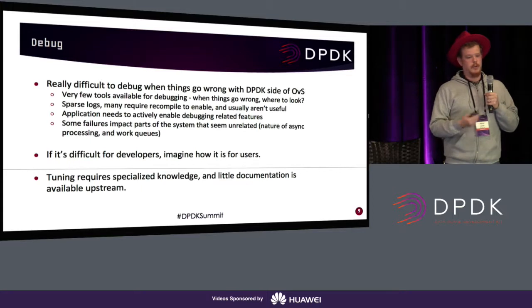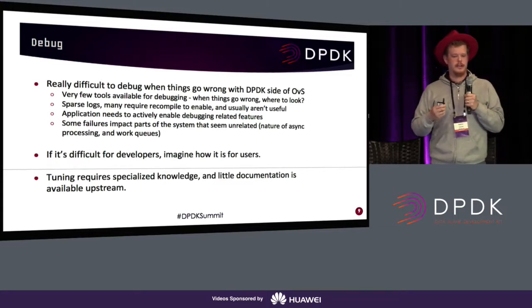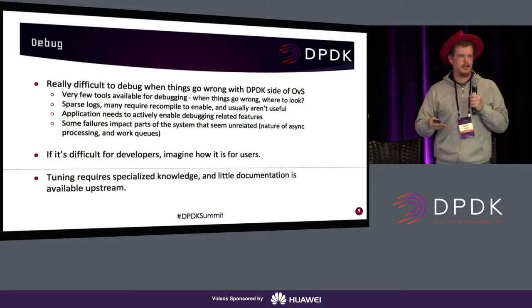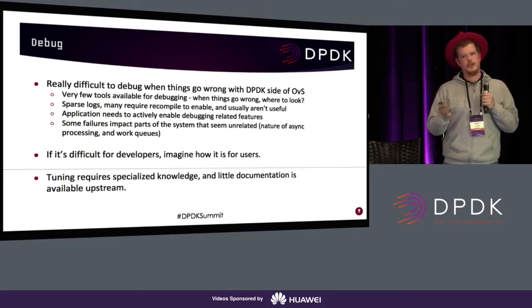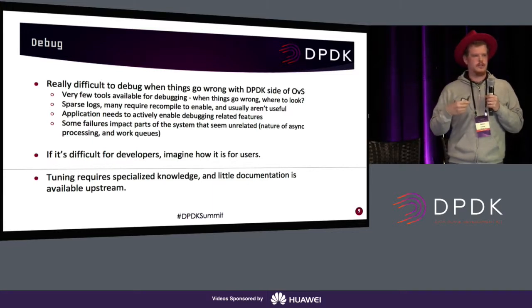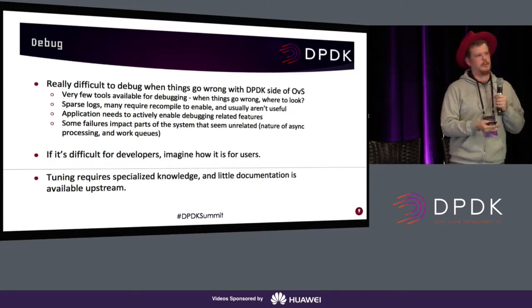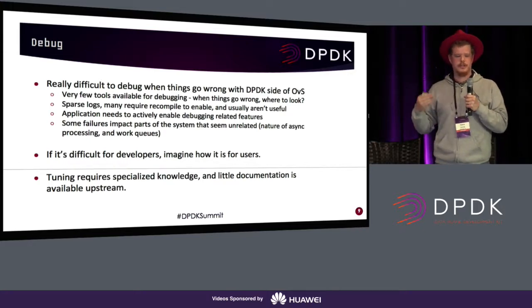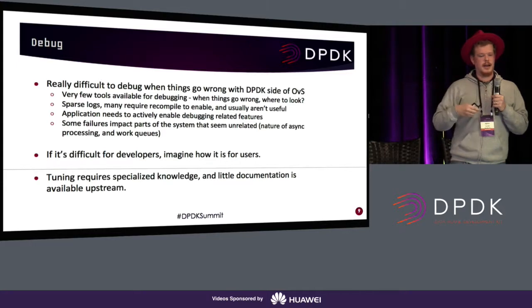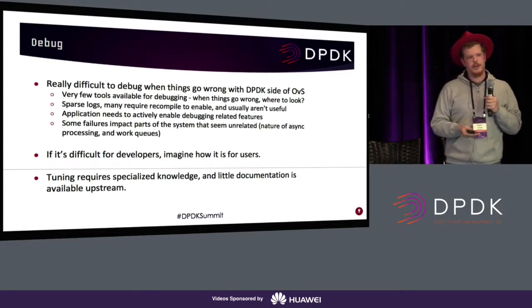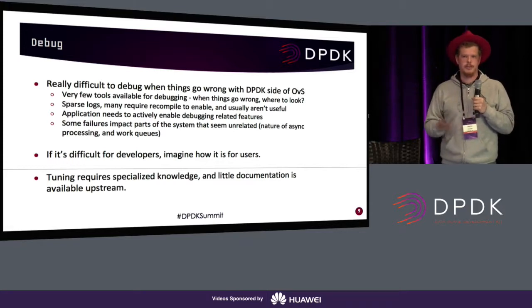And then we've seen failures that are difficult to reproduce because you have all these threads running in concert, and a lot of work queues being drained by different parts of the system, and it's difficult to debug it, to reproduce it, to make it reliable. We're speaking here from a developer standpoint, so if it's difficult for us, just imagine how difficult it is for users. It's like impossible.